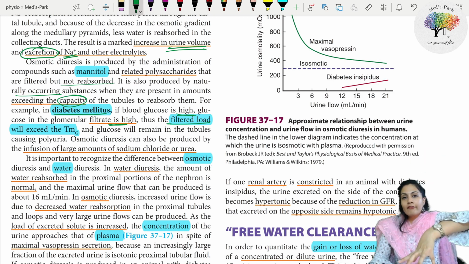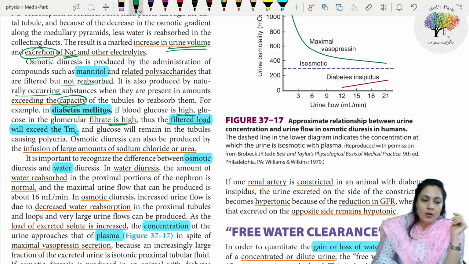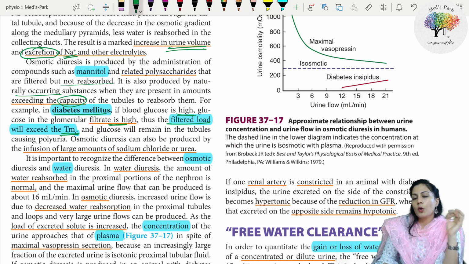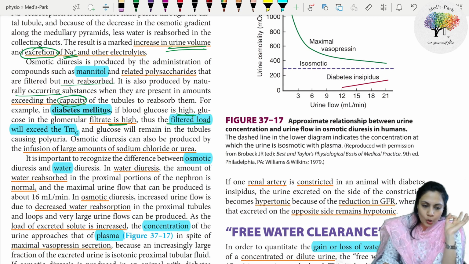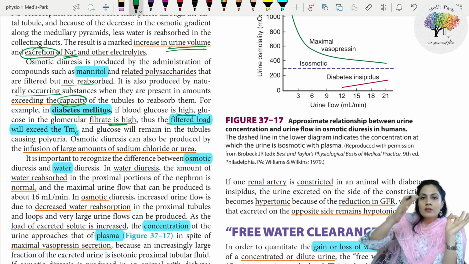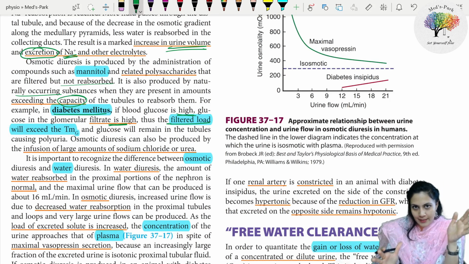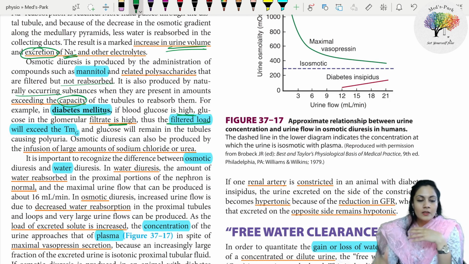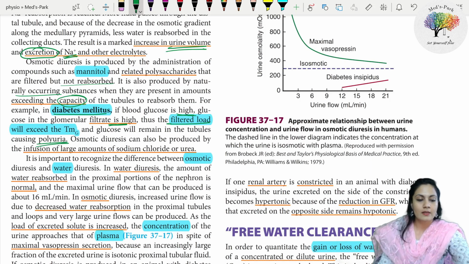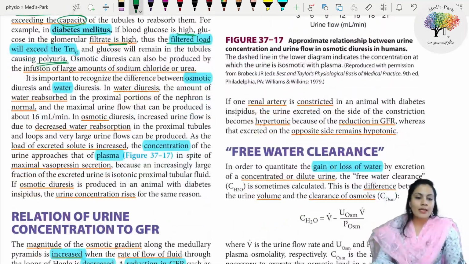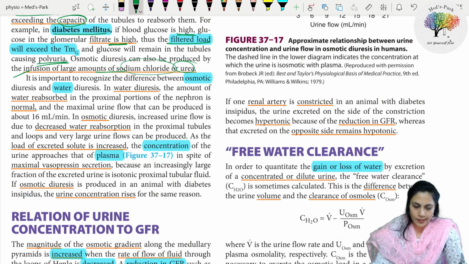Whatever load comes via filtration, that is the filtered load, will exceed the Tmax, or TmG, the tubular transport maximum for glucose, right? The glucose reabsorption has a limit, and that limit has been crossed. The glucose will remain in the tubules causing polyuria. Glucose will also act as an osmote. Osmotic diuresis can also be produced by the infusion of large amounts of sodium chloride or urea.